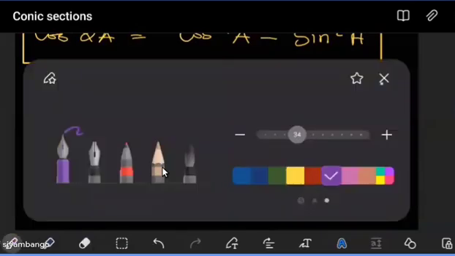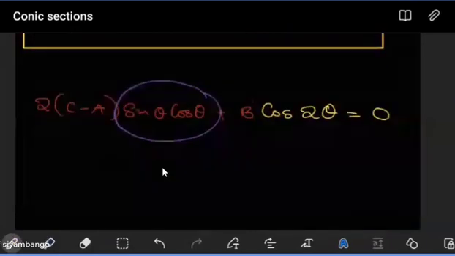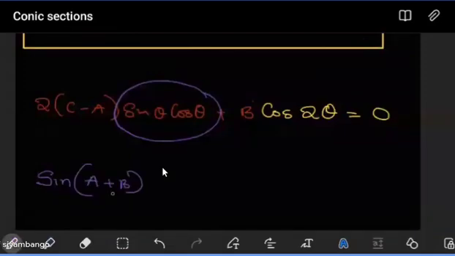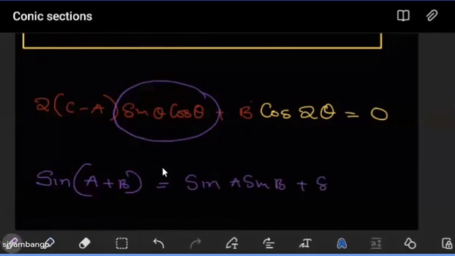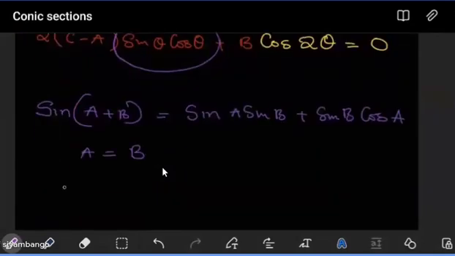So here, you'd have to observe this, and use the double angle identity for sine. A plus B, if you recall, we had sine A cos B plus sine B cos A. But in an event that A is equal to B, what this becomes is sine A plus A, which is just sine 2A.